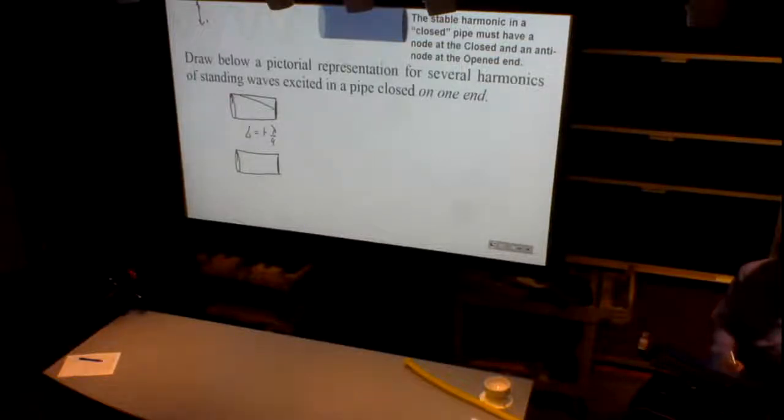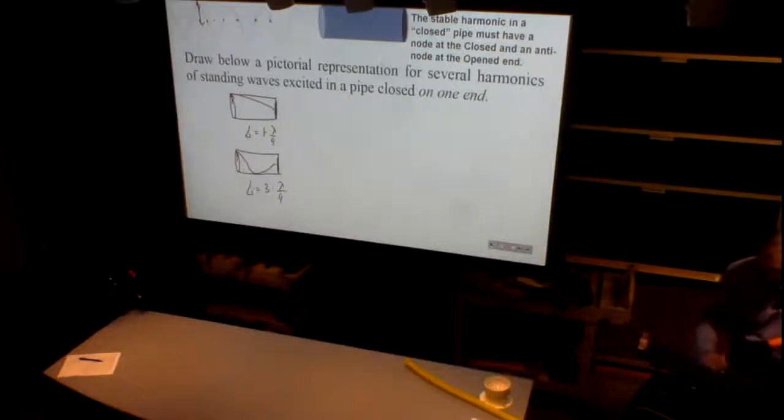So I have to move another 1/4 of a wavelength. That gives me a new profile, something like this. And now this length should be equal to 3/4 of a wavelength. Then the next will be 5/4, the next will be 7/4, the next will be 9/4.